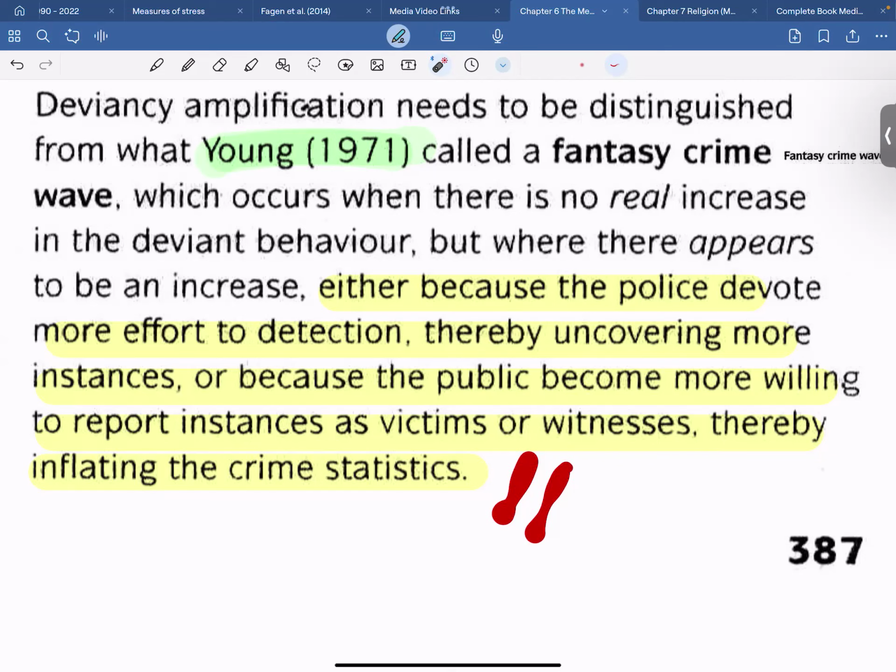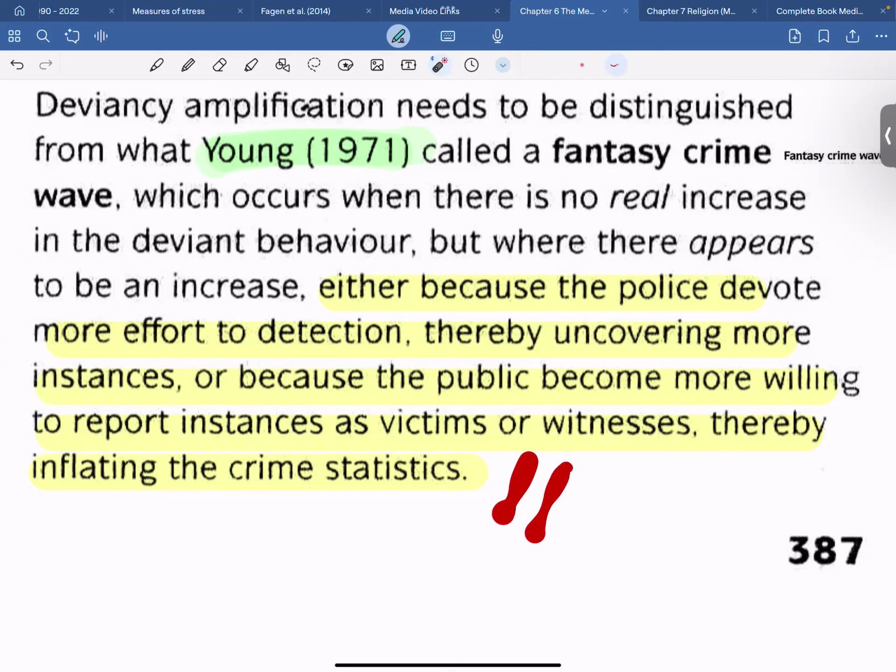Moral entrepreneurs raise concerns. The law enforcement agencies feel pressurized, politicians feel pressurized. There are more resources allocated to detect or to identify or to get hold of people who are involved in such crime.